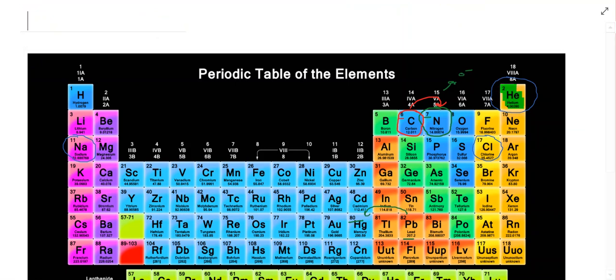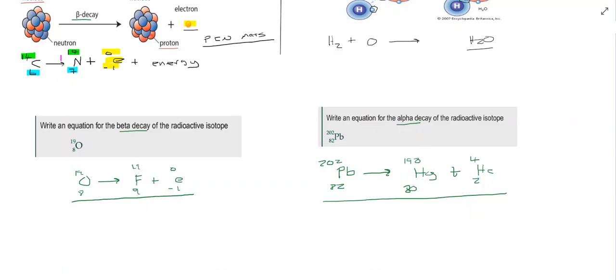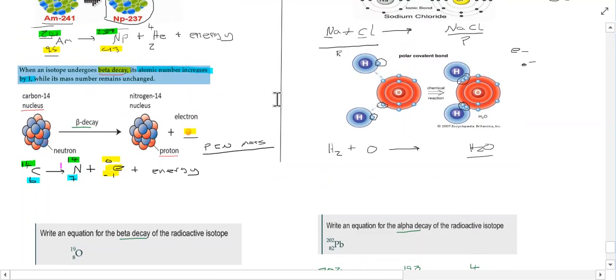The difference between the helium atom and this helium alpha particle is that the alpha particle isn't going to have any electrons around it. It's just going to be a nucleus. So these are the types of questions that you could be asked to work out in relation to nuclear reactions. Hopefully that makes sense.